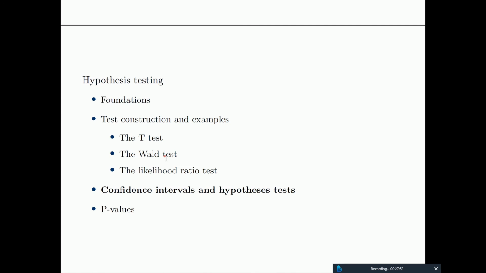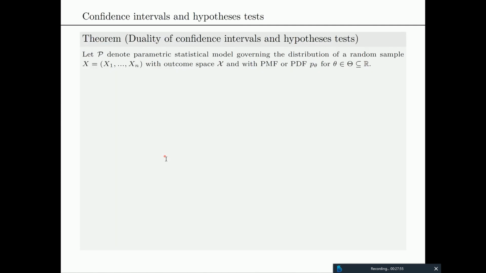So can this somehow be related? Yes, it can. And this is the basic theorem about this, and it tells you how to construct a test based on a confidence interval or to construct a confidence interval based on a test.